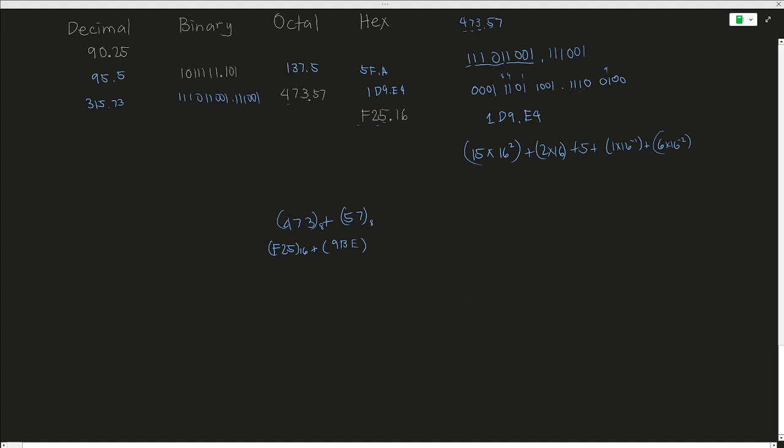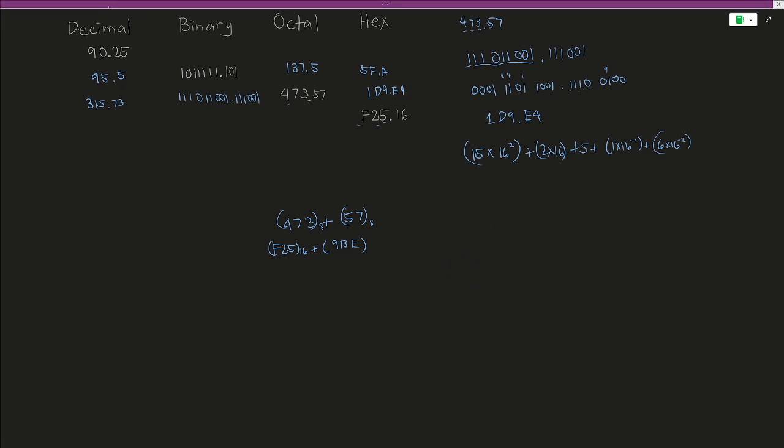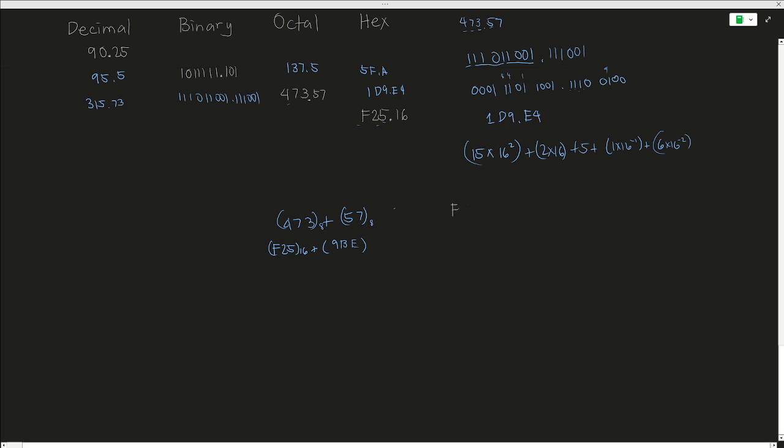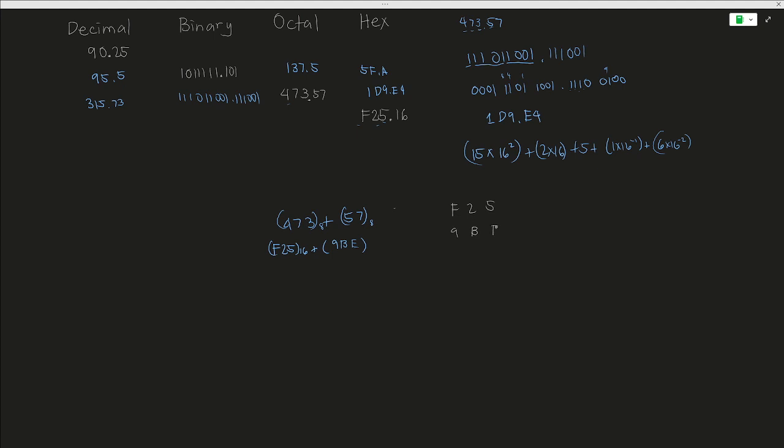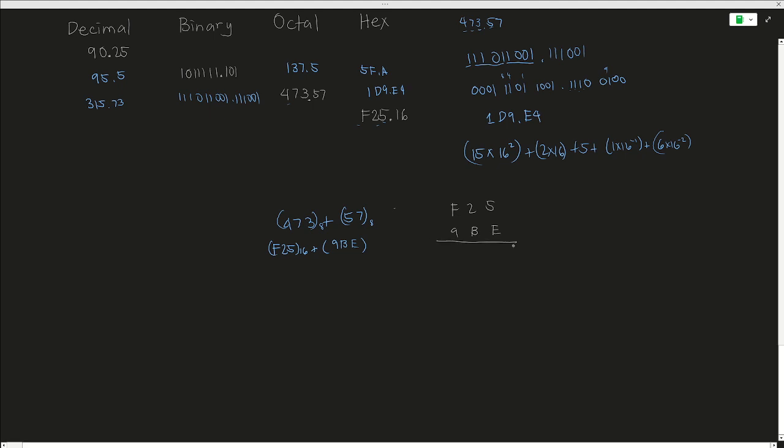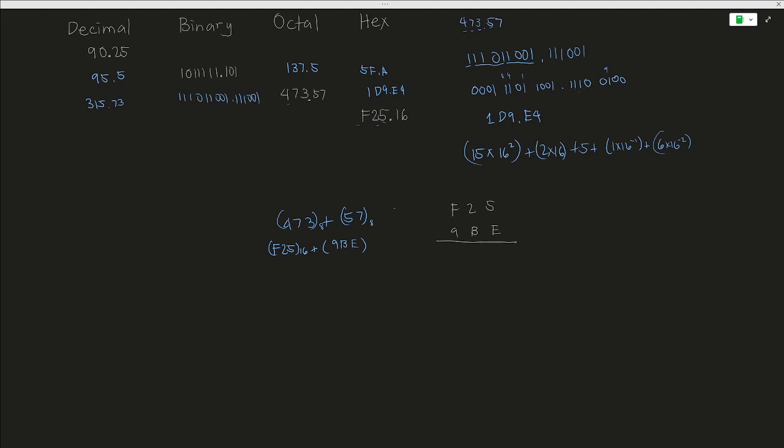Nakakasawa makakita ng blue. So, gawin natin. Ibahin natin yung ating pen color. Alright, okay. So si F25, i-add natin kay 9BE. Okay? And again, the same concept follows. Kapag sumobra siya ng 16, we take it out. Or rather, we carry isa.